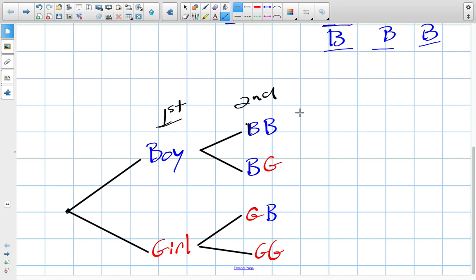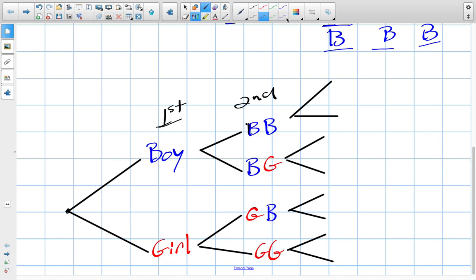Finally, our third kid. Again, for each kid we have an option of either a boy or a girl. So same concept. In the third child, you could have boy, boy, boy. You could have boy, boy, girl.